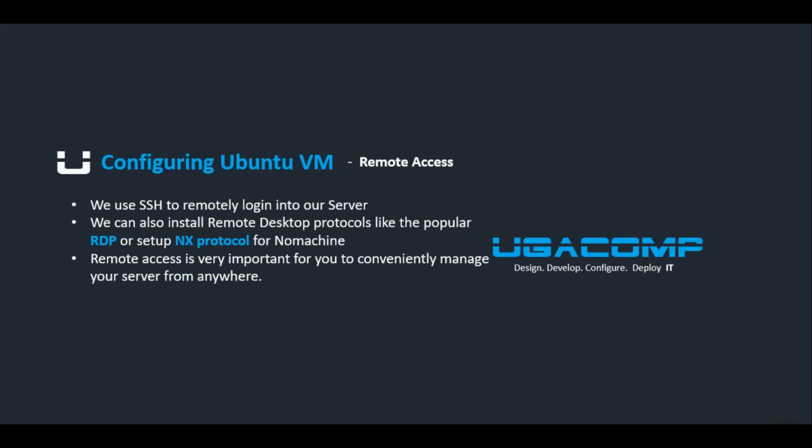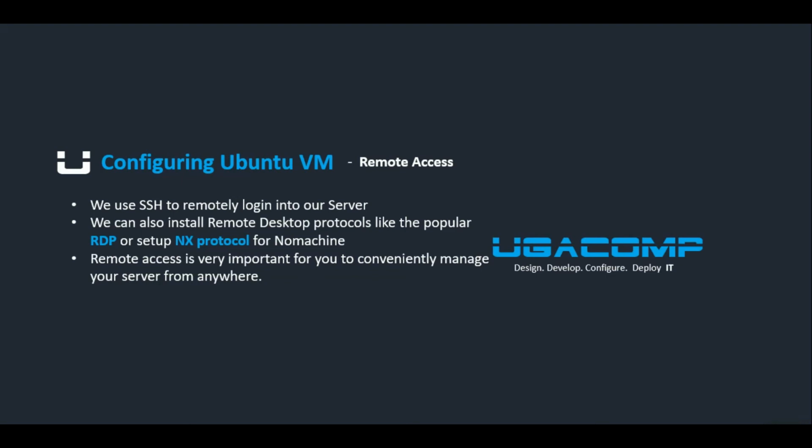Most preferably, we are going to use the NX protocol for NoMachine. NoMachine is much faster than the native Windows remote desktop client. It offers minimal latency when accessing a remote server, especially the graphical user interface.